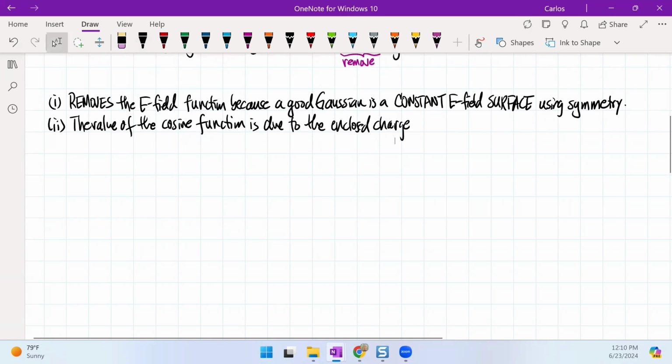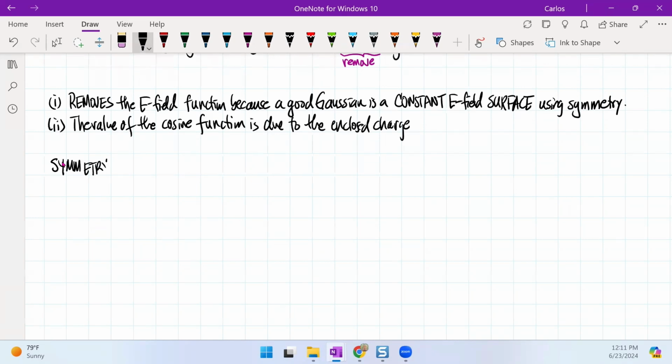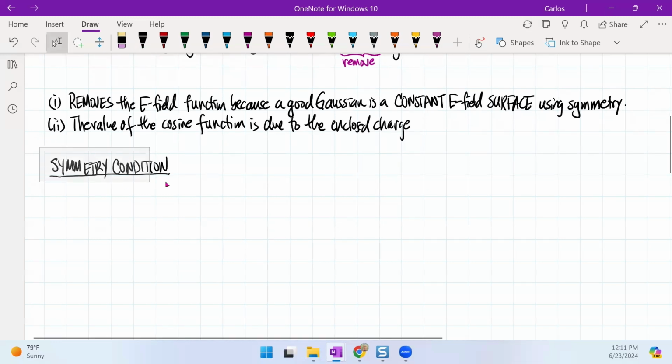So the first thing I want to look at is the symmetry condition. Because of the high degree of symmetry that's required, we can only look at three surfaces.